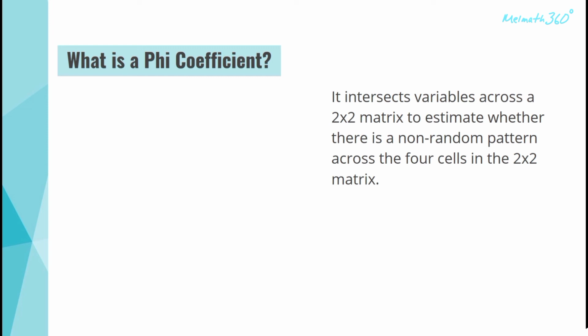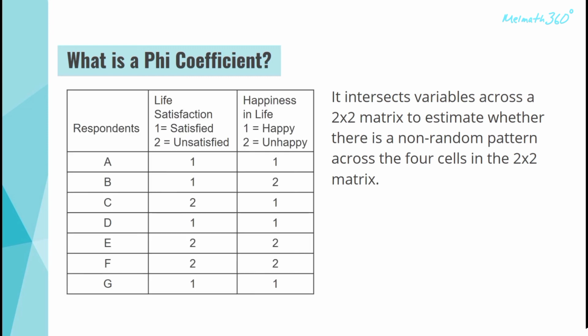What does this mean? Here is an example dataset. Variable 1, life satisfaction, and variable 2, happiness in life. In life satisfaction, nag-code tayo ng 1, satisfied, 2, unsatisfied. Happiness in life, 1 ang happy, 2 unhappy.